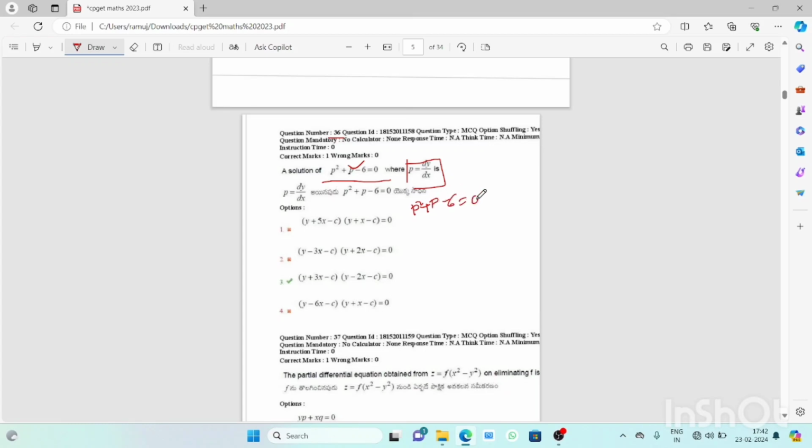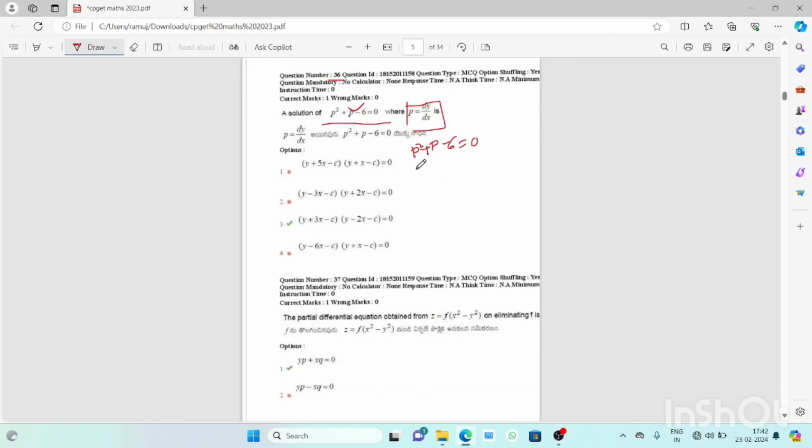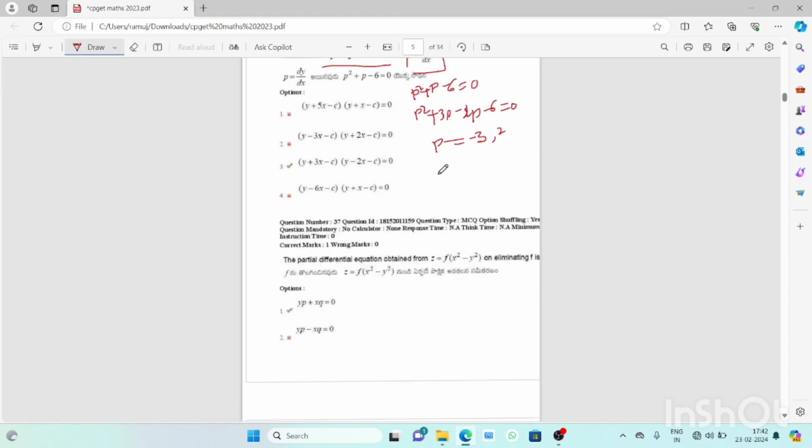We can write it as p square plus 3p minus 2p minus 6 is equal to 0. So we get p values minus 3 comma 2. By using this we can take them one by one.